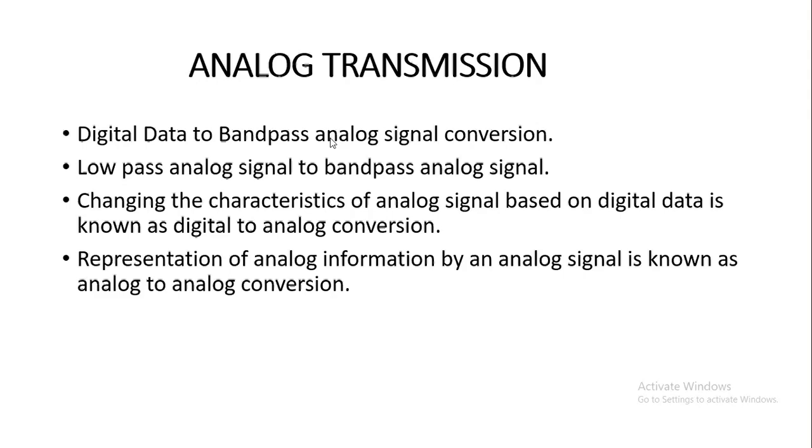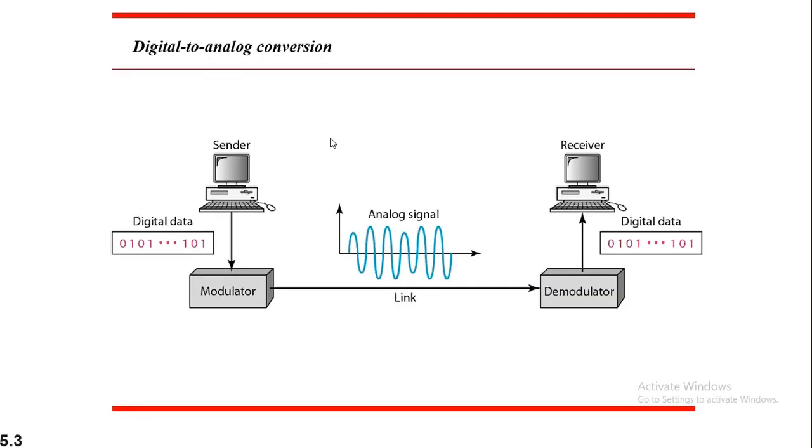So first of all, let us try to see how exactly digital data has been converted into bandpass analog signal and what are the different techniques available to perform digital data to bandpass analog signal conversion. Now, in this figure, we observe that there is a sender and there is a receiver, where the sender has digital data and at the sender side we have a modulator.